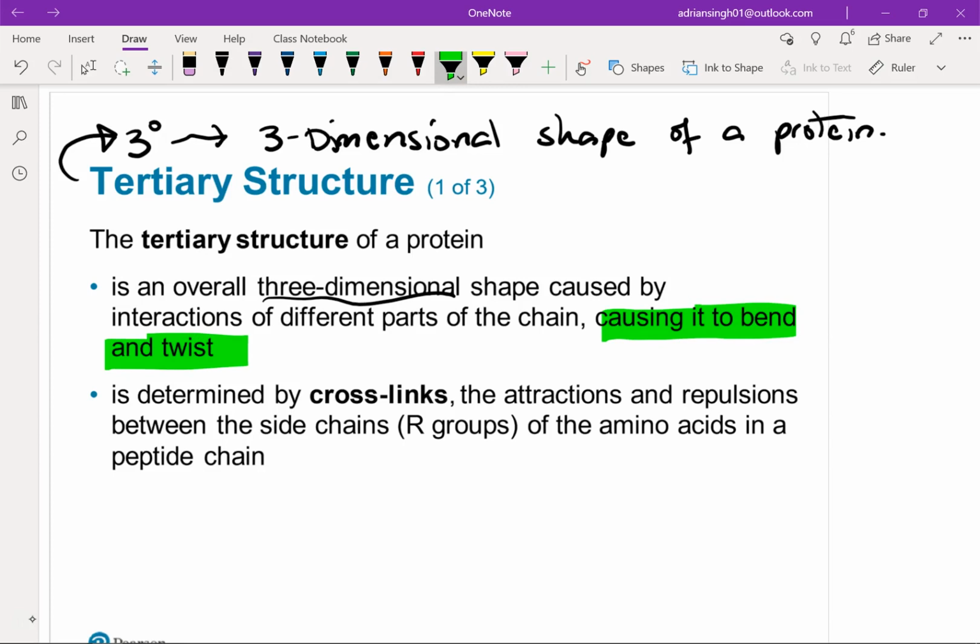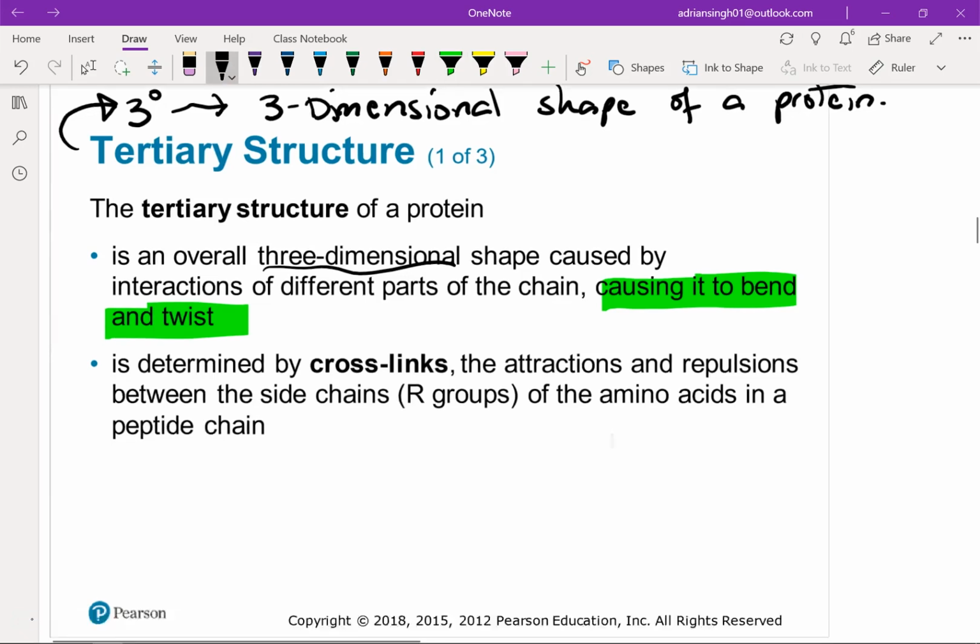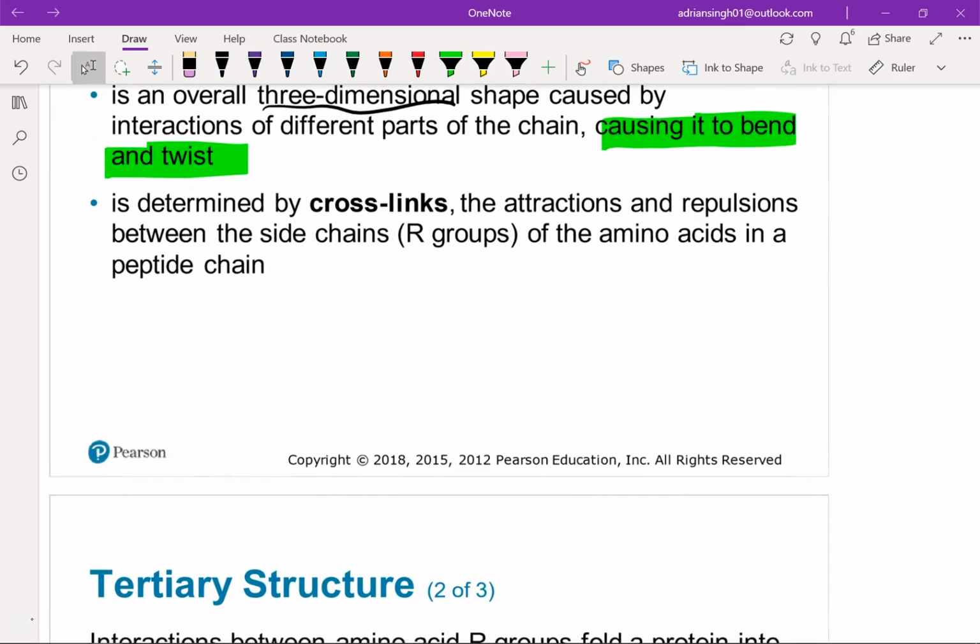Now the things that are going to dictate this 3-dimensional or tertiary structure are known as cross-links, and also we're going to see some attractions and repulsions, and these are going to happen between the side chains or the R groups of the amino acids.